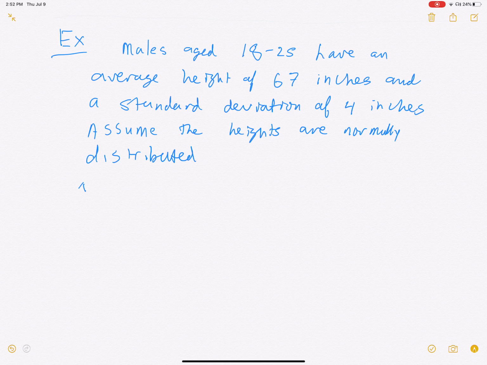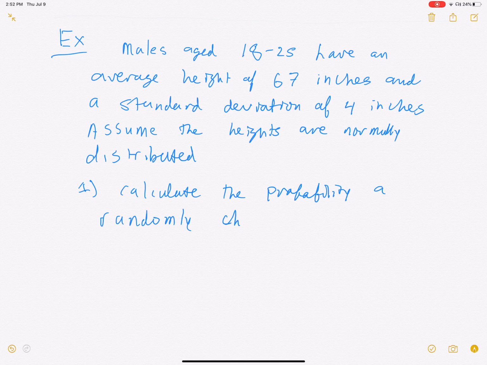So, one, calculate the probability a randomly chosen male has a height of 68 inches or less.